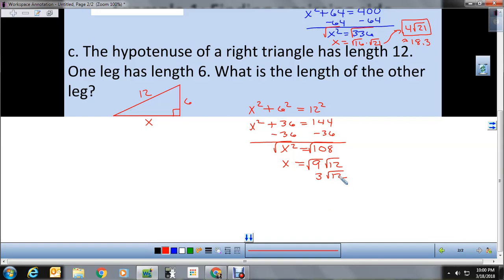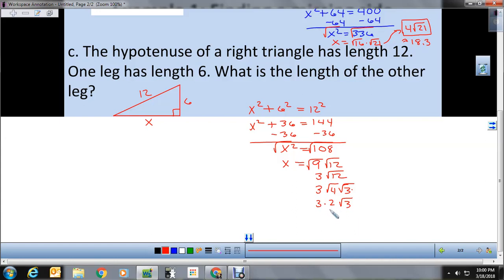Now, see if 12 can be simplified, and it can because 4 goes into it. So we have 3, radical 4, radical 3. So we bring the 3 down, the 4 becomes 2, and this should have been 3 right here. And so since square root of 3 cannot be simplified any further, we bring the 3 down.